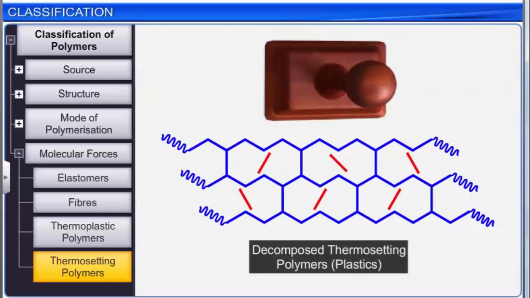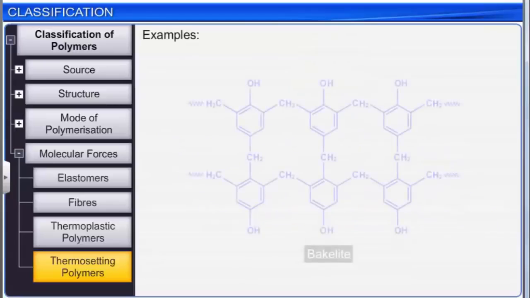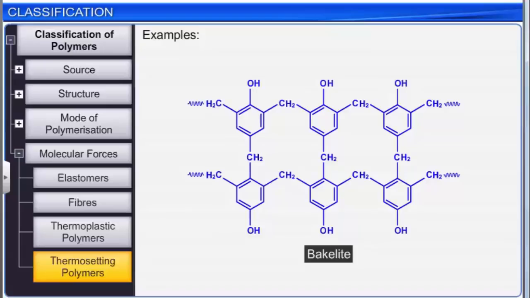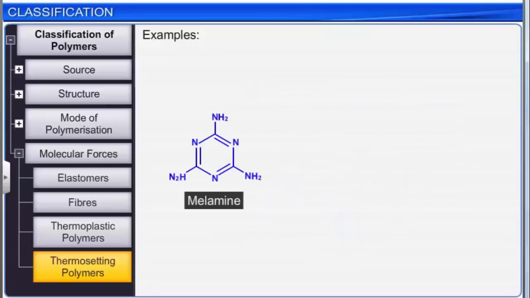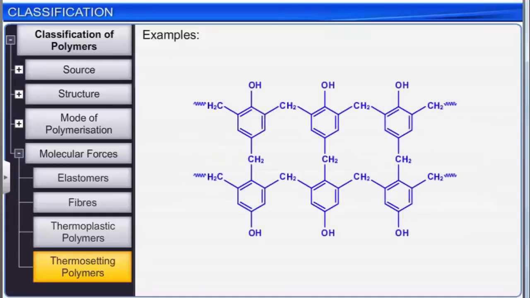Note that these plastics cannot be recycled or used again. Examples of thermosetting polymers are bakelite, melamine, and urea-formaldehyde resin. Notice the extensive cross-linking shown in the structure of the bakelite resin.